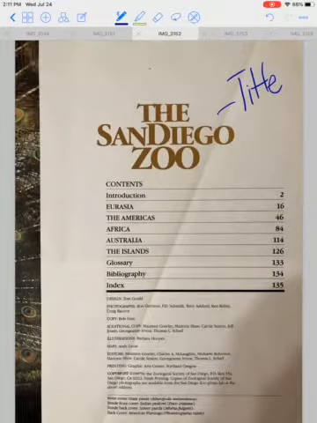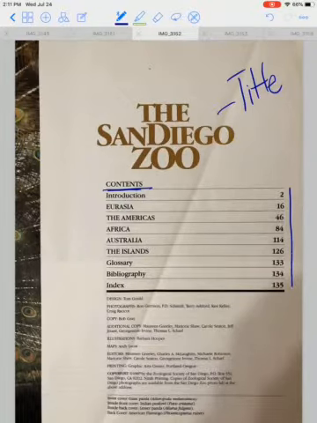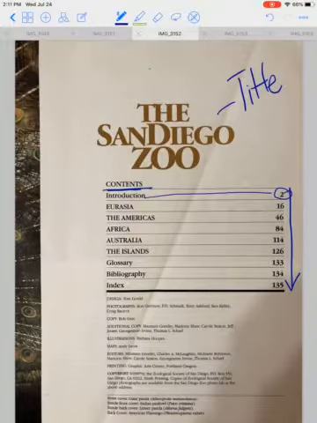And then we also have the table of contents. It's normally one of the first pages of the book, and it's going to tell you in order. Notice these numbers, they are going down in order. So they're going to start at the beginning of the book on page 2. This is going to be the introduction.